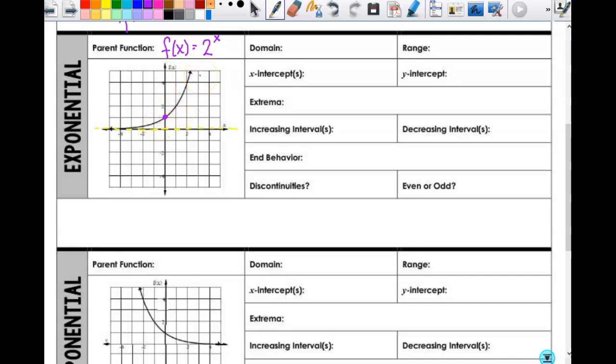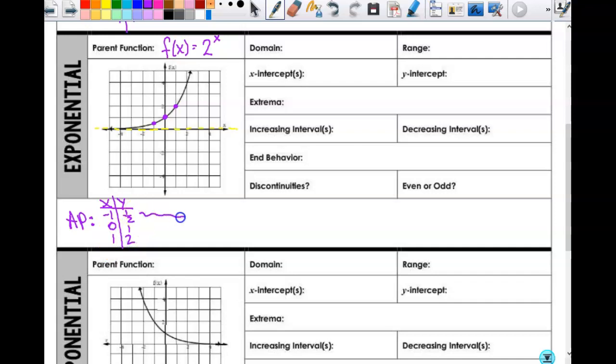So because this is 2, then when I'm at 1, I'm at 2. And when I'm at negative 1, I'm at 1/2. So my anchor points, x, y, I'm at negative 1, 1/2, 0, 1, and 1, 2.